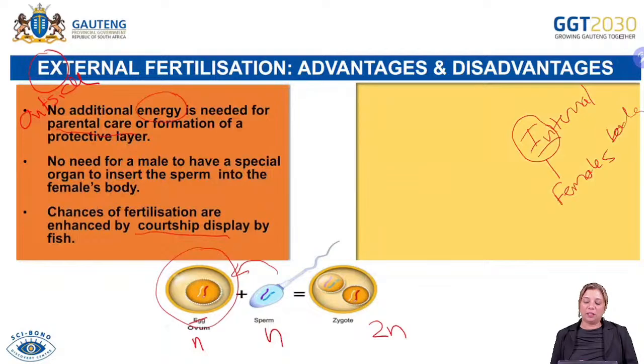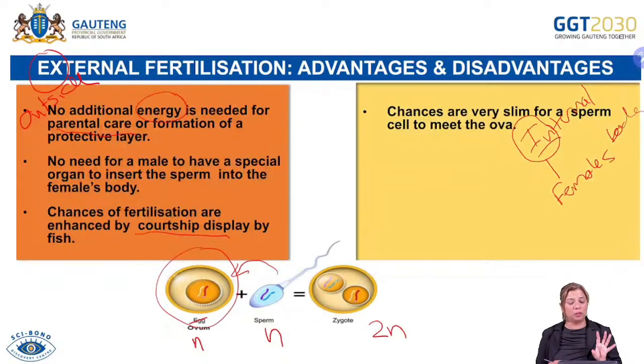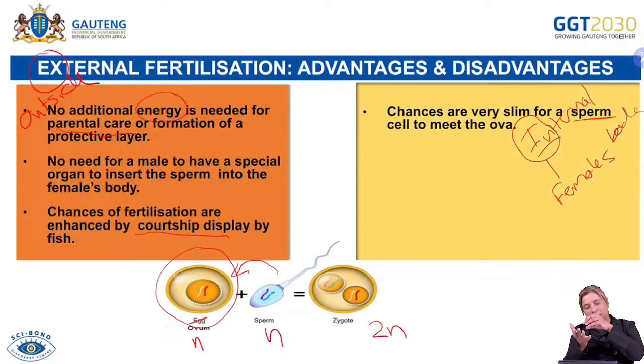And then let's talk about the disadvantages. So those were the advantages, okay? Now the disadvantages of external fertilization. Now we're still talking about the ovum being fertilized outside the body. Chances are very slim for the sperm to meet the ova. Think about it. If the fish eggs have been dropped, and the male fish is swimming past, he needs to drop the sperm on there.